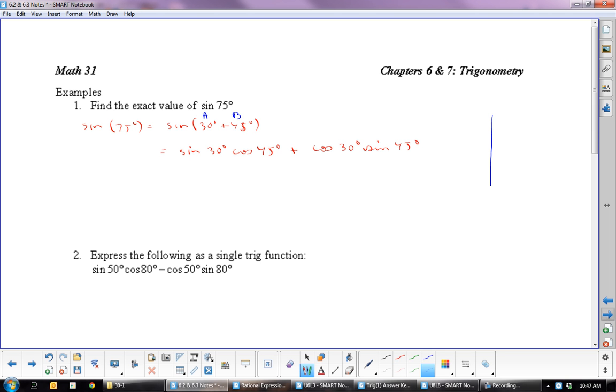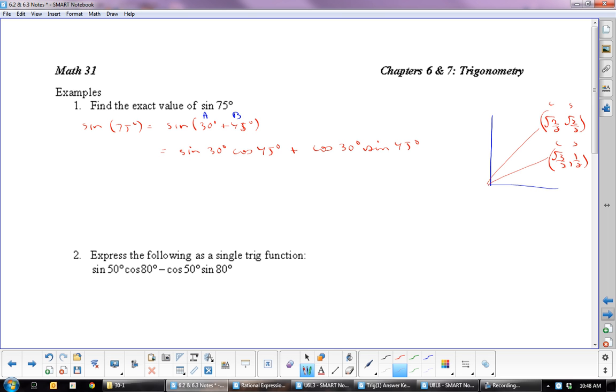Okay, so I've got this one and this one going. This is root 3 over 2 comma 1/2, and this is root 2 over 2, root 2 over 2. This is where I'm going to get all my information from. And remember, this is cos and this is sine.